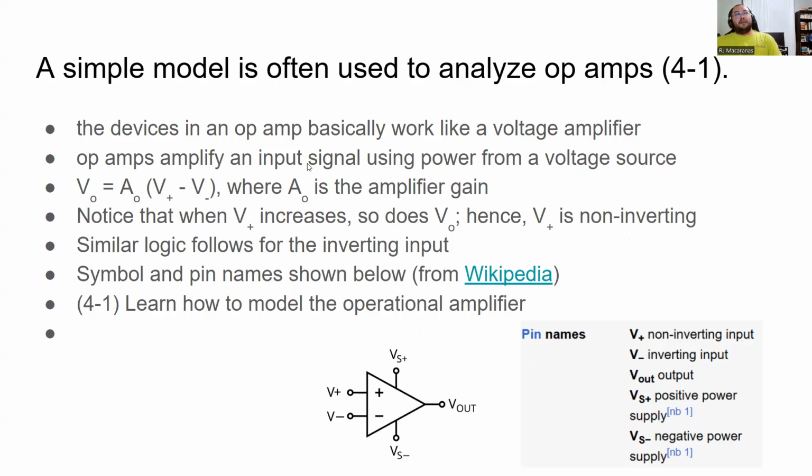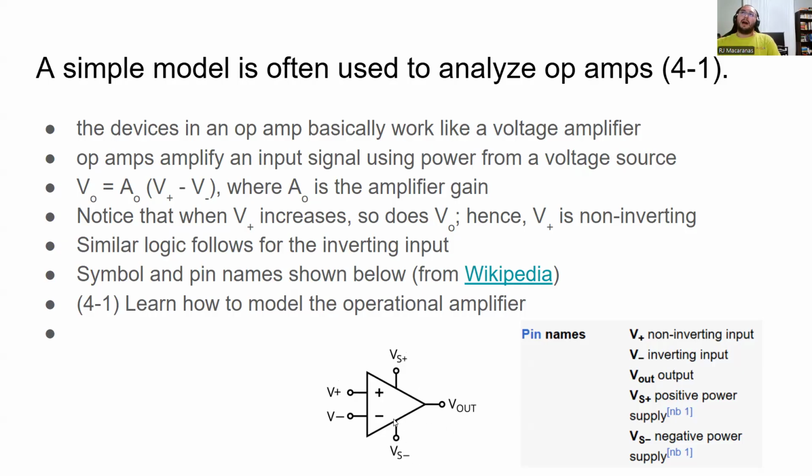They amplify an input signal using power from some kind of voltage source. In the circuit diagram, there are two inputs, the non-inverting input and the inverting input. And you've got two power supply pins, the positive power supply and the negative power supply.